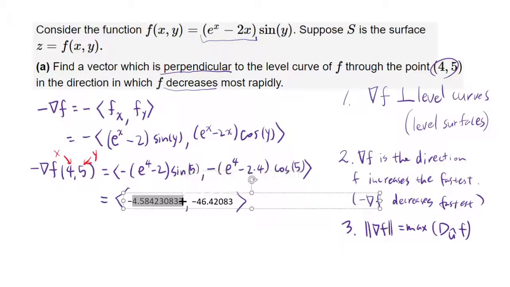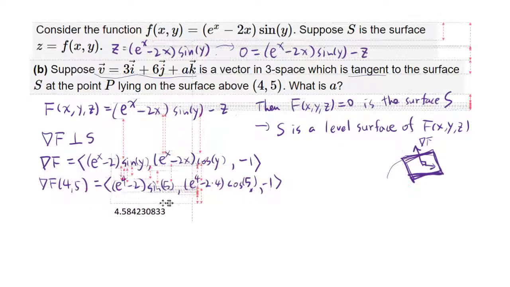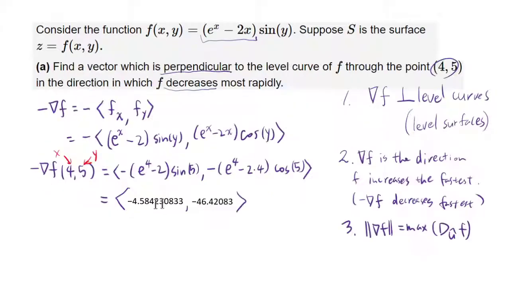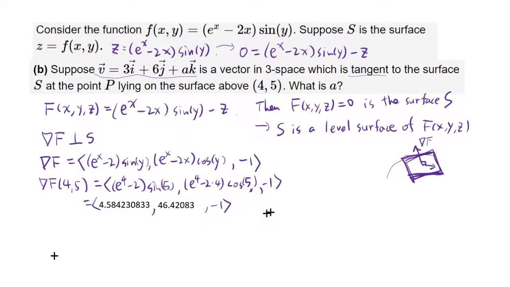So one would be this one. And the other one would be this one. And then you have the last component as negative 1.